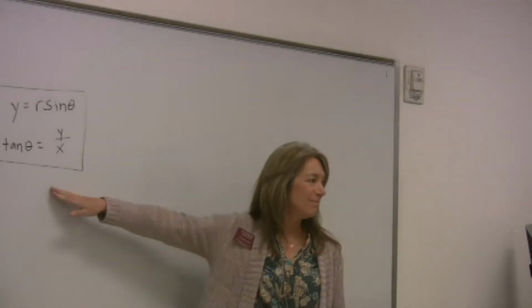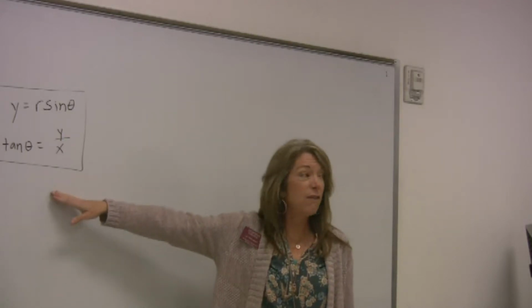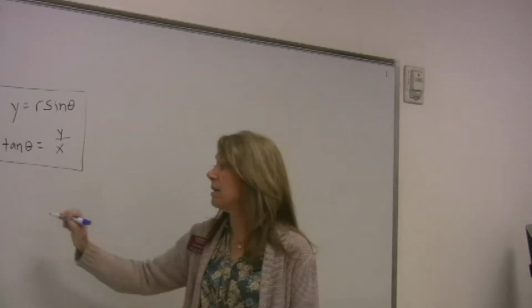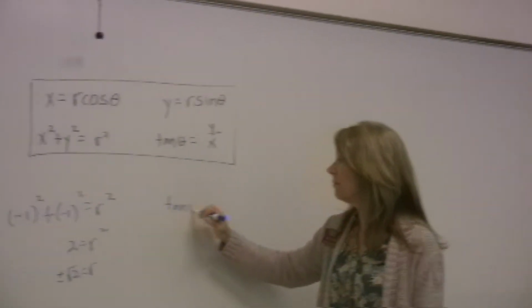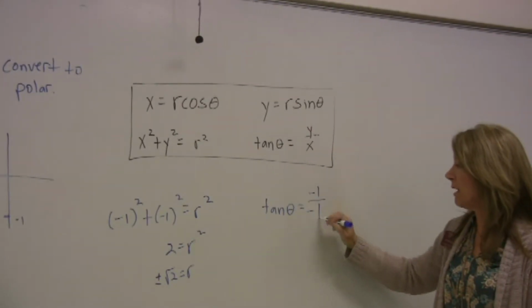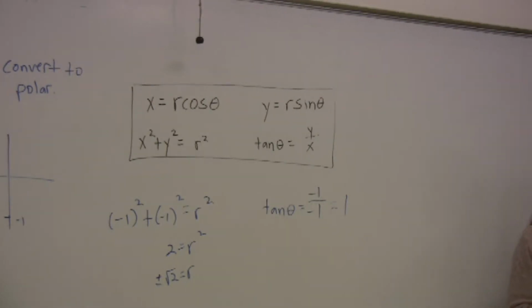Tangent theta equals y over x. Exactly. So in this case, we're going to use that. We could have done it without it, but even if x had been 7 and y had been 8, we could have used this formula that the tangent of theta is y over x. So in this case, it's -1 over -1. So the tangent is 1.